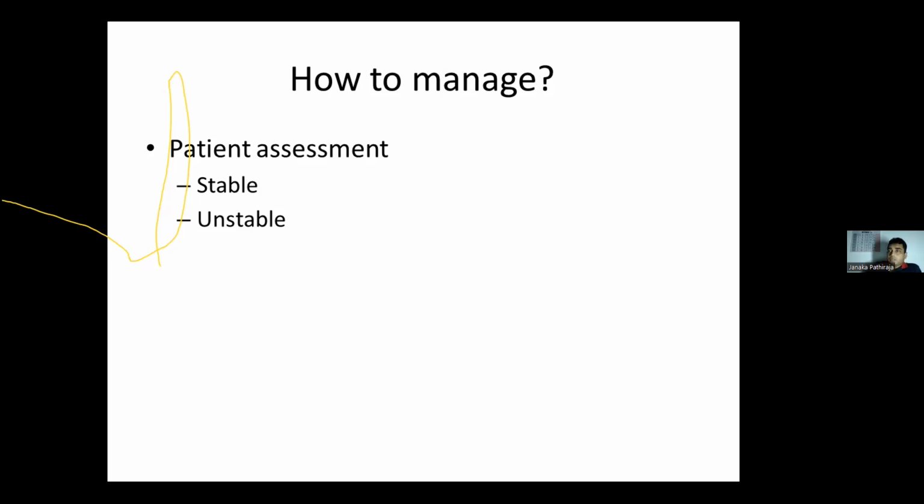If those things are not there, although the patient is bradycardic, he is not hemodynamically unstable. So you have some time to investigate and decide what to do. But if features of hemodynamic compromise are there, you have to act fast. These are emergencies, right?